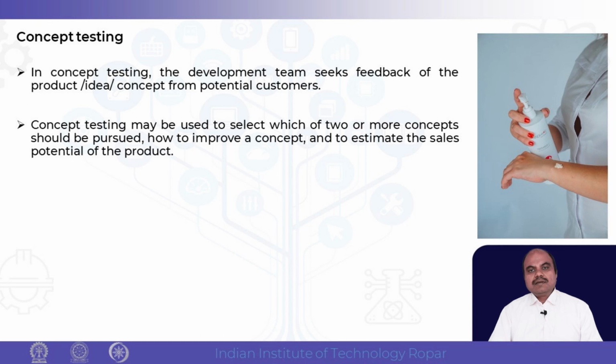Then again they get feedback from the users and try to modify it. This goes on until the company is satisfied that most of the customers are happy with the product, and then we can plan to launch the product as soon as possible.